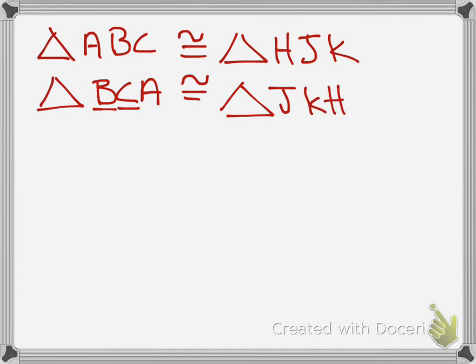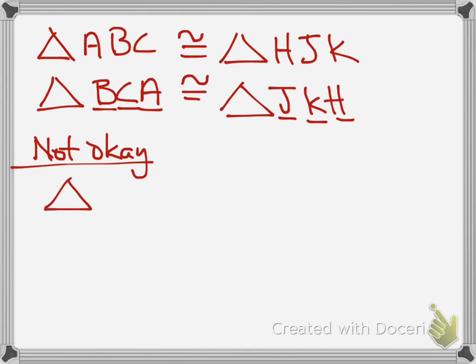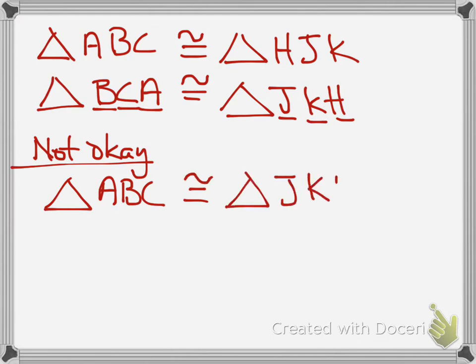Notice how I'm still keeping the angles that were congruent in the same spacing. It would not be okay to say triangle ABC is congruent to triangle JKH, because now you're changing up the order.